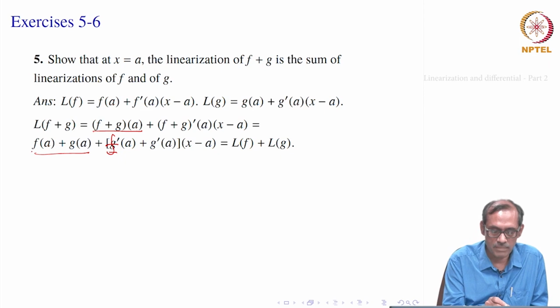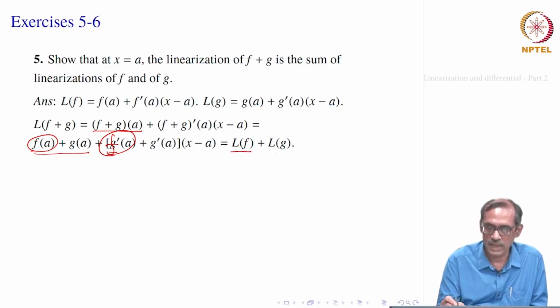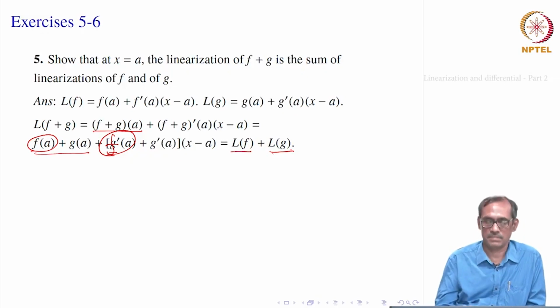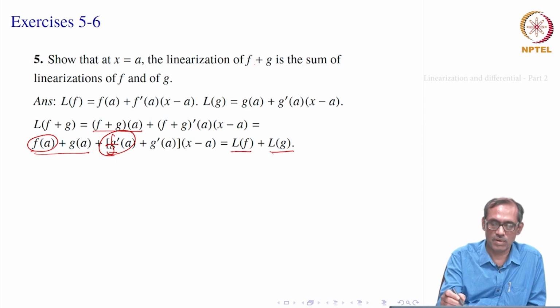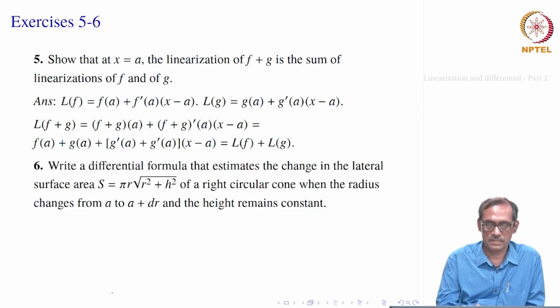When you combine them, f of a with f prime of a into x minus a gives you L of f, and the other two which are remaining give you L of g, and that is it. Okay. So, that is what we have shown, that the linearization of the sum equals the sum of the linearizations.